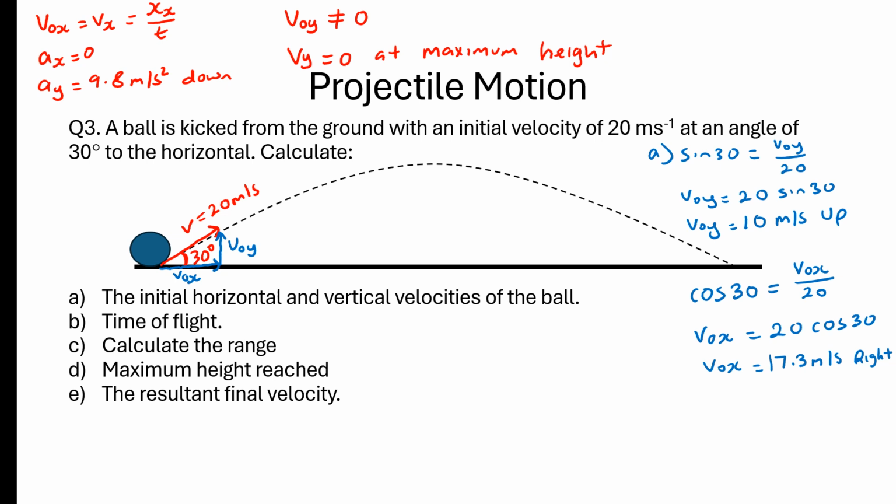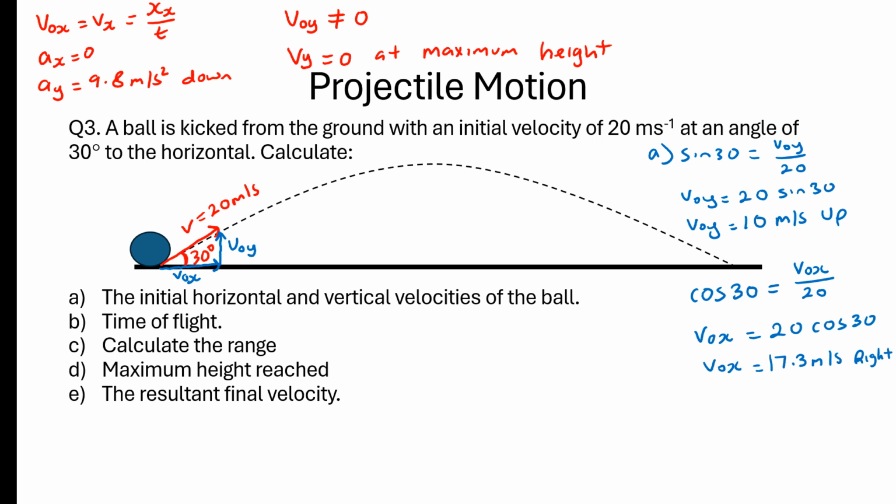So therefore, we have to use the three equations from the constant acceleration vertical motion formulas. So which equation would you use? I know the value of the initial vertical velocity, I know v naught y.